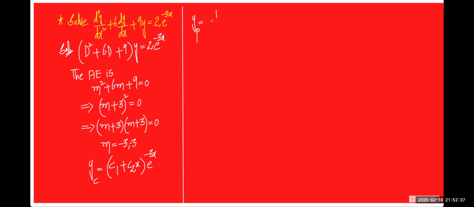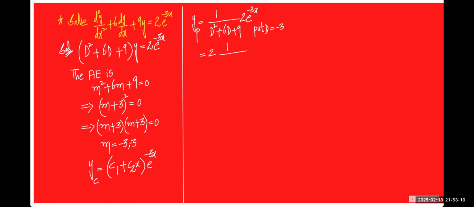This can be written as 1 by the operator form, 1 by d square plus 6d plus 9 into 2 e power minus 3x, which is equal to, this 2 will be taken outside, and then you see in rough work where we are going to replace d value with the x coefficient, which is minus 3.